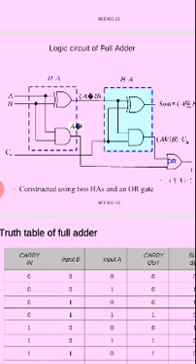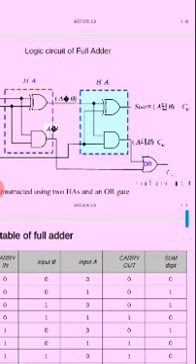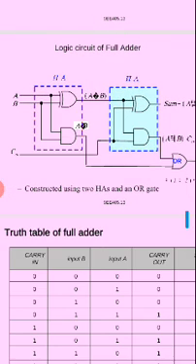Here in the figure shown, A B is applied to the first exclusive OR gate and its output is given to the next exclusive OR gate of the second half adder, and C in is given to the AND gate of the second half adder, and the same is given to the exclusive OR gate of the second half adder.